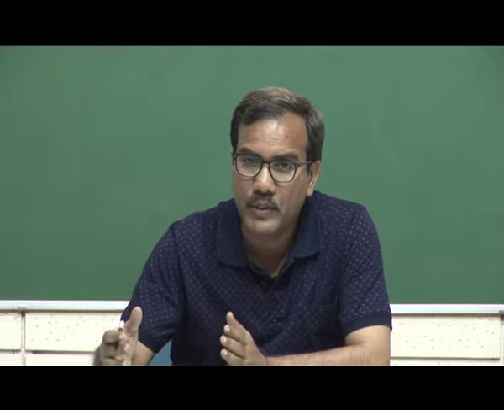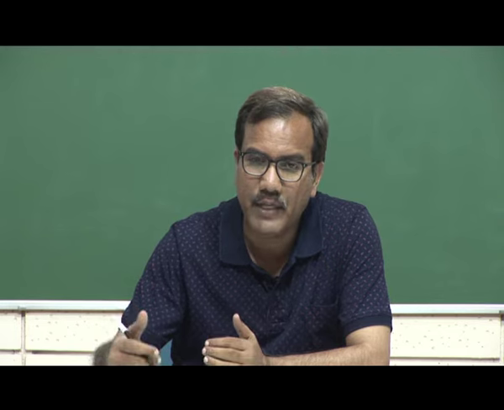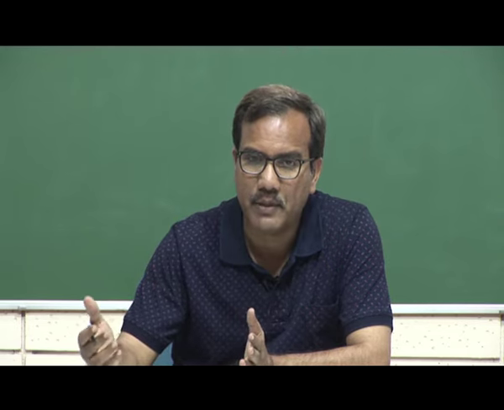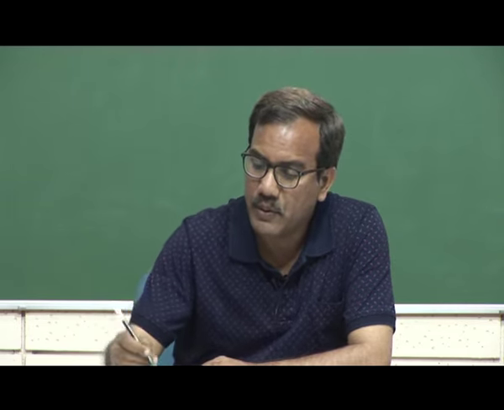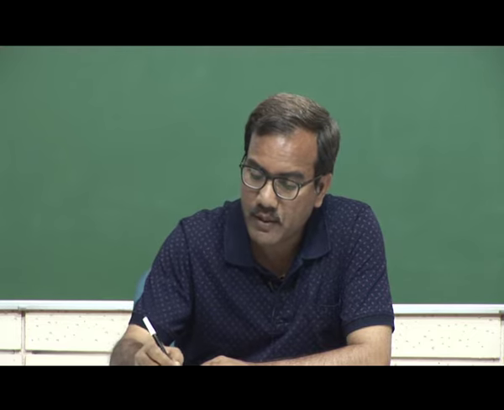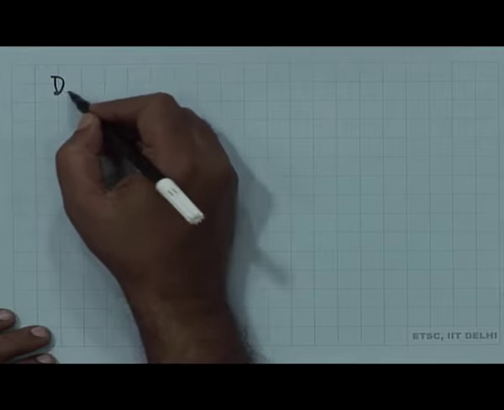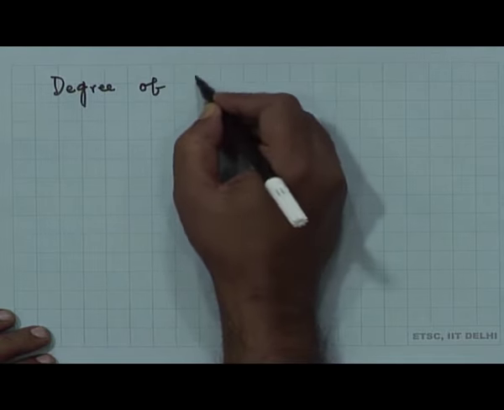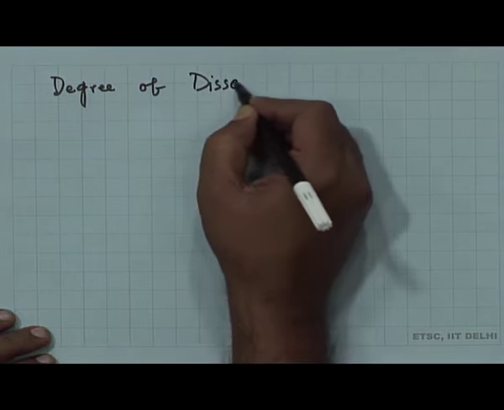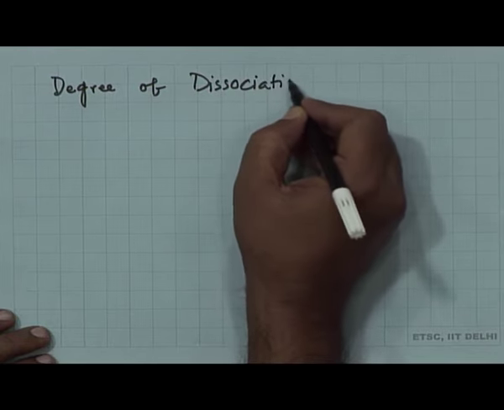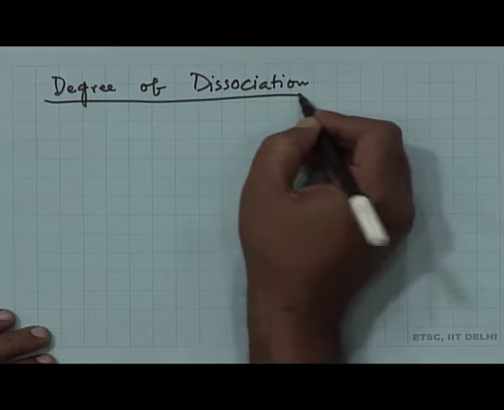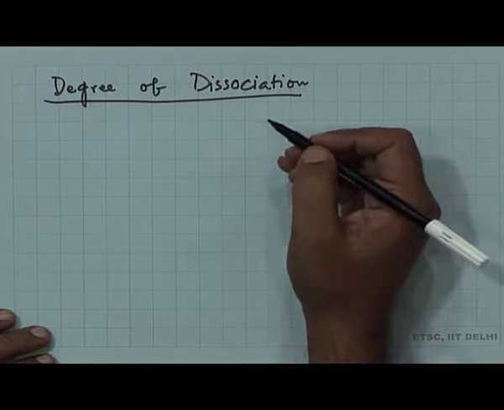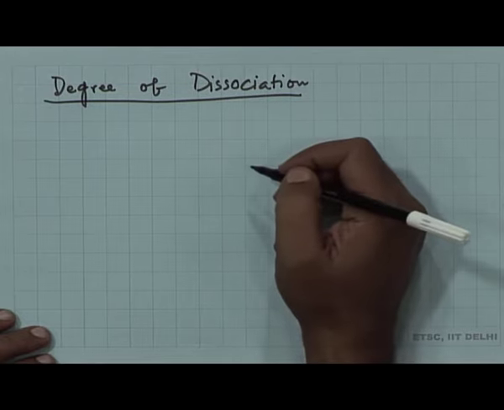So, now we know how ions are generated and when we can apply the concept of equilibrium. So, let us discuss degree of dissociation. This is a term which we will come across quite often when we are dealing with questions of ionic equilibrium.